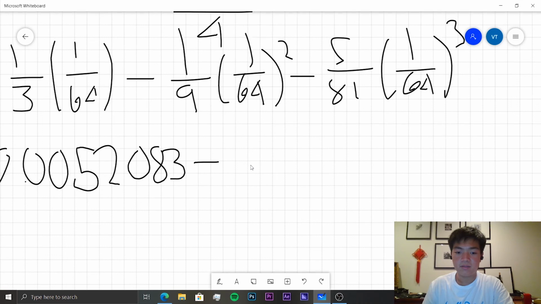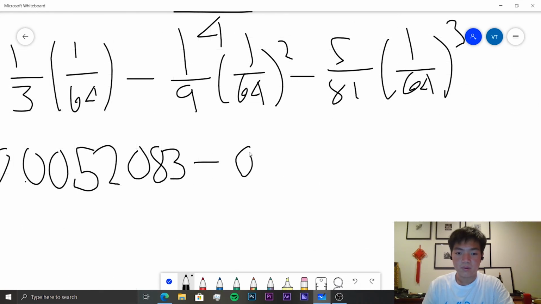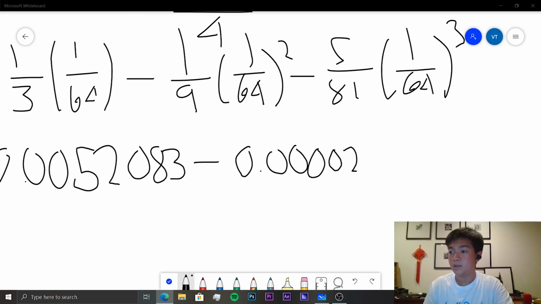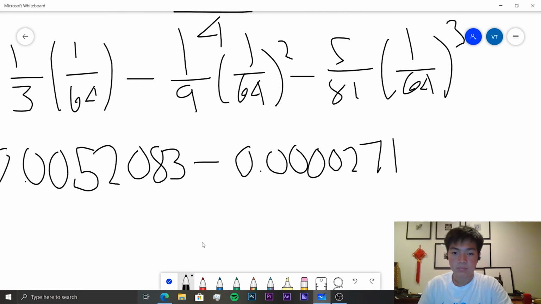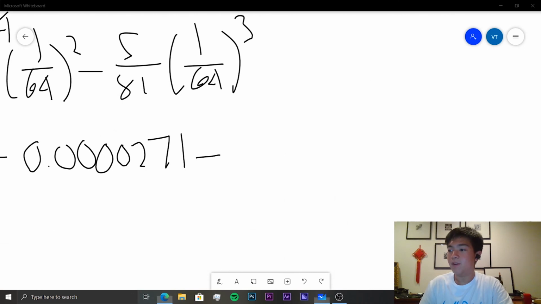It's 0.0000271, minus 5 over 81 over 64 cubed, which is pretty much irrelevant at this point.